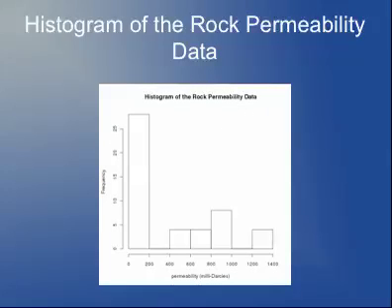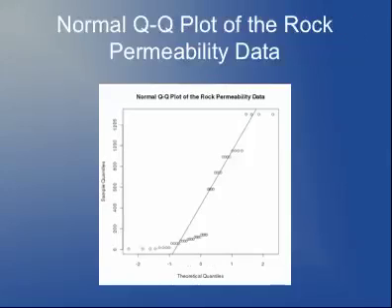Just to give you a case where it looks really ugly, this is some data on rock permeability that's also built into R. You can see the vast majority of rocks are not very permeable, but there's a small number that have significantly higher permeability. This would be an extremely skewed data set. Well, I'll show you the QQ normal plot here.